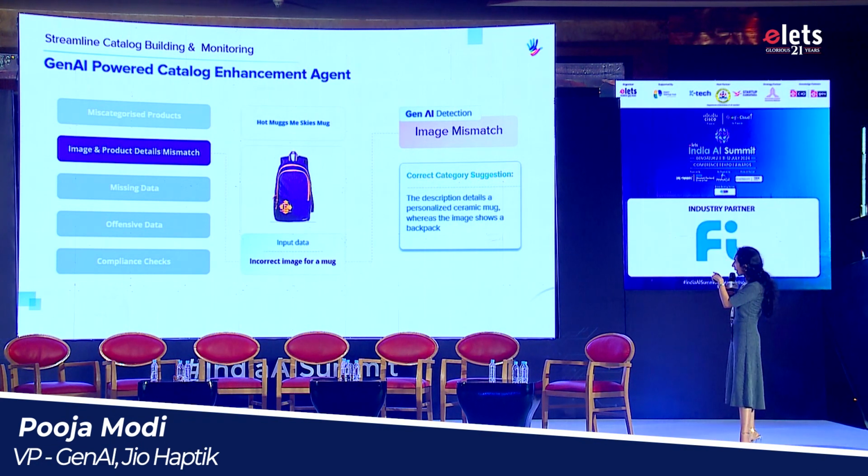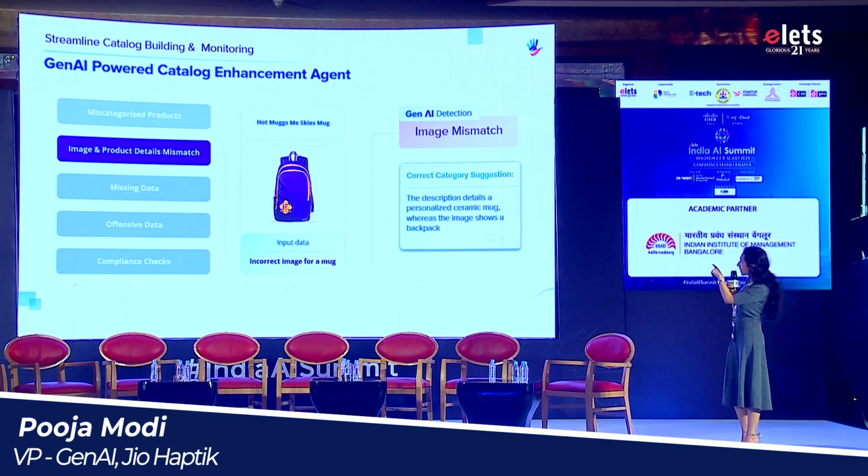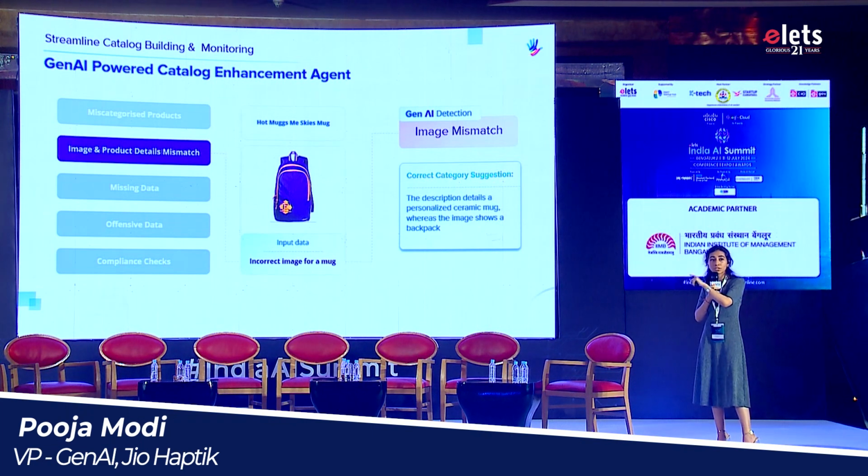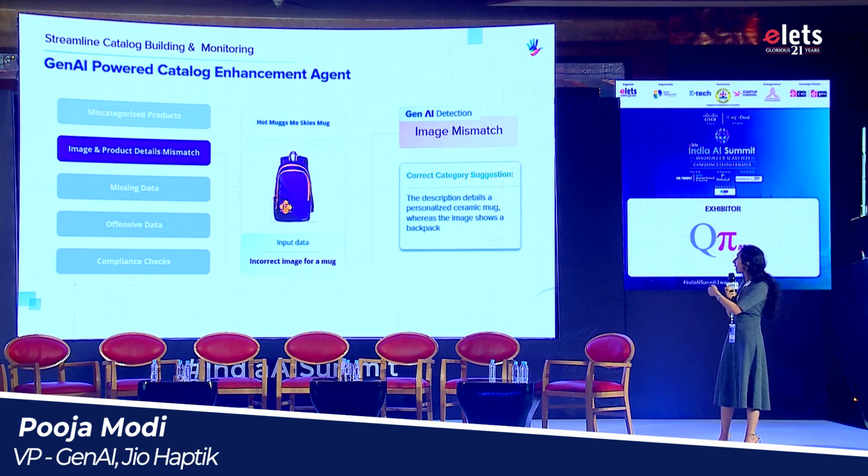Here you can see an example where it says hot mugs, Miski's mug. So it's basically calling itself a mug, but it's actually a backpack. That's where it's called out that it's an image mismatch, where the description details a personalized ceramic mug, whereas the actual image shows a backpack. And by the way, these results are based on real catalog data along with images that a retail customer had fed us, and we ran this model on top, and these were the outputs.